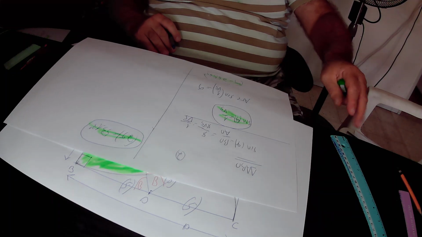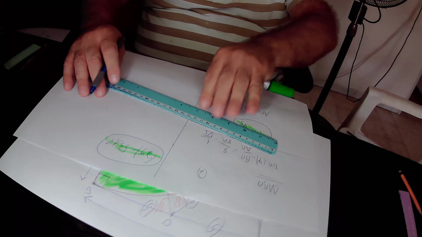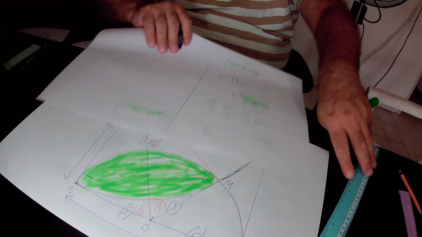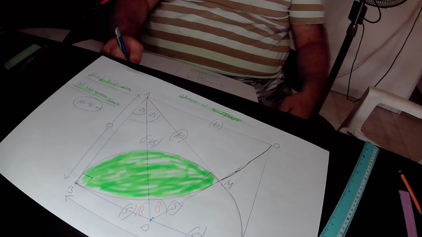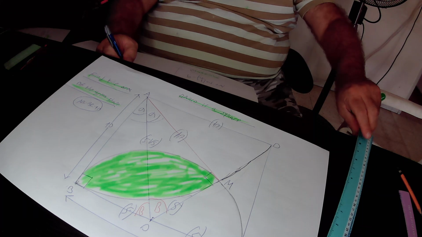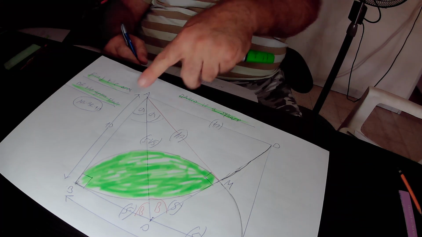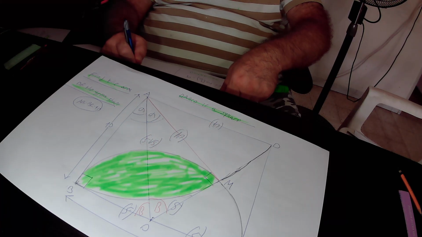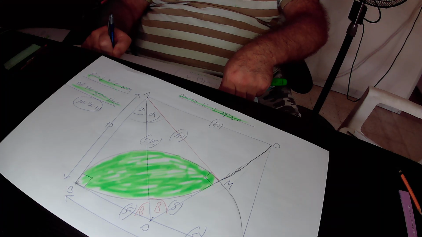We know that the sum of the angles in any triangle is equal to 180 degrees. So the sum of the angles in the right triangle ABO must be equal to 180 degrees. Which angles do we have in the right triangle ABO? We have alpha plus beta plus 90 degrees. In total, they must be equal to 180 degrees, according to the rule that the sum of the angles in any triangle is 180 degrees.